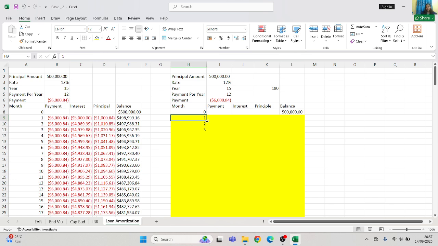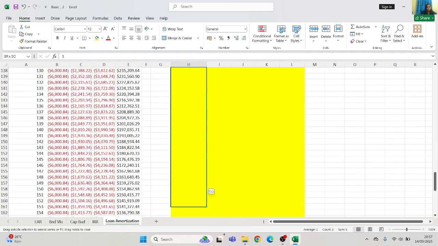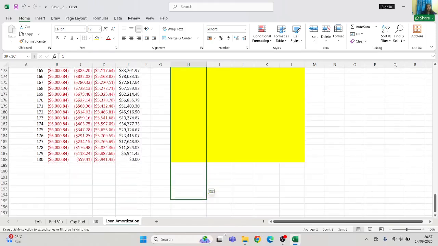Selecting H9 to H11, then we drag to 180.